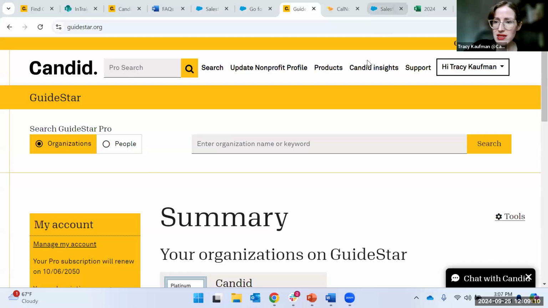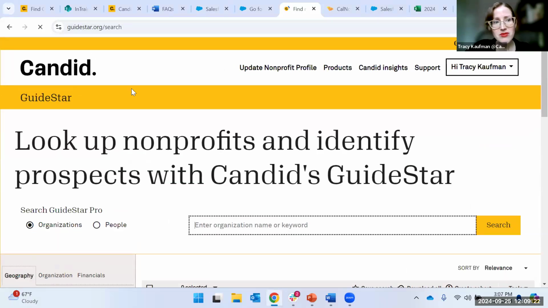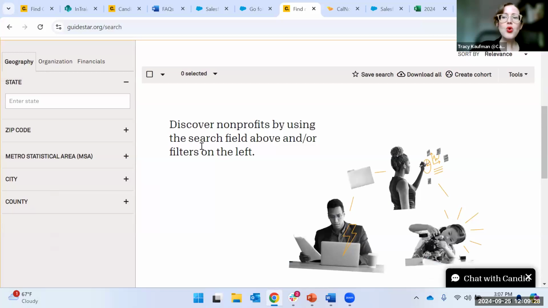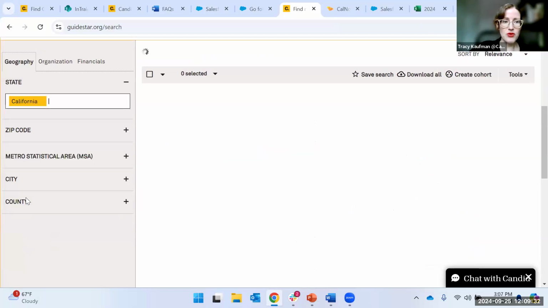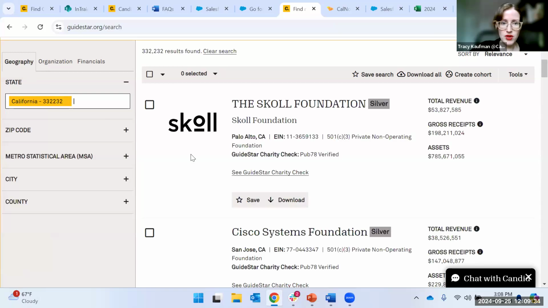Okay, so let's say you want to find out who are the other actors in your field. Here we are on GuideStar.org. A lot of times I start this process just by doing a blank search and exploring things from there. And I could say, all right, who are the other nonprofit organizations within the state of California? So I go into geography.